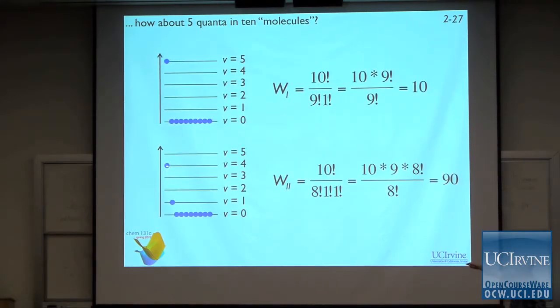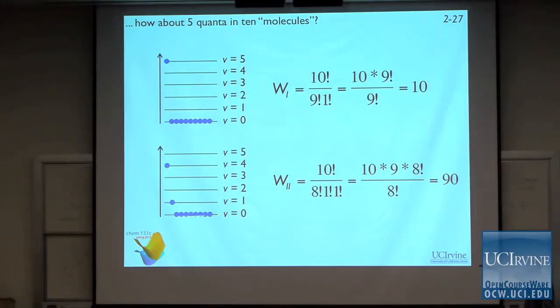What about if I put 4 in one and 1 in another? What's the W going to be for that? I'm just calculating factorial. 10 times 9 times 8 factorial is 10 factorial.